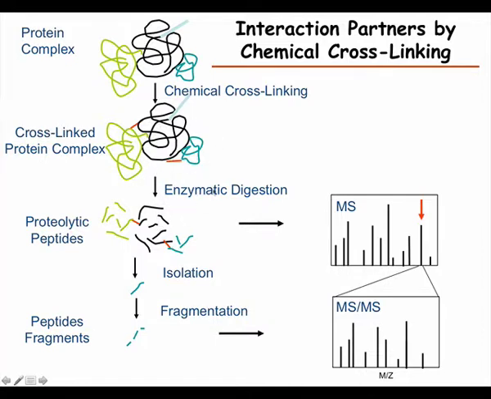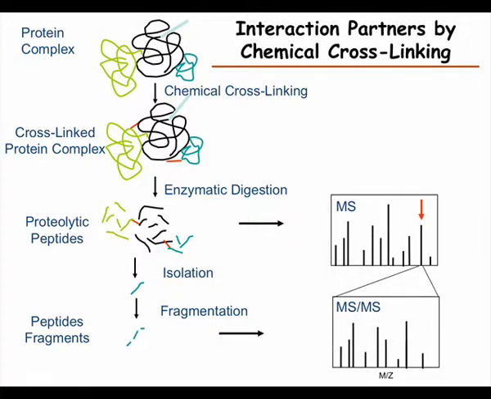Then we do the regular thing: we digest, we analyze the peptides by mass spectrometry, and then we fragment them to get MS/MS spectra to identify the components. And again, in this case we don't even try to find the cross-linked peptides, we just use the cross-linking to stabilize.